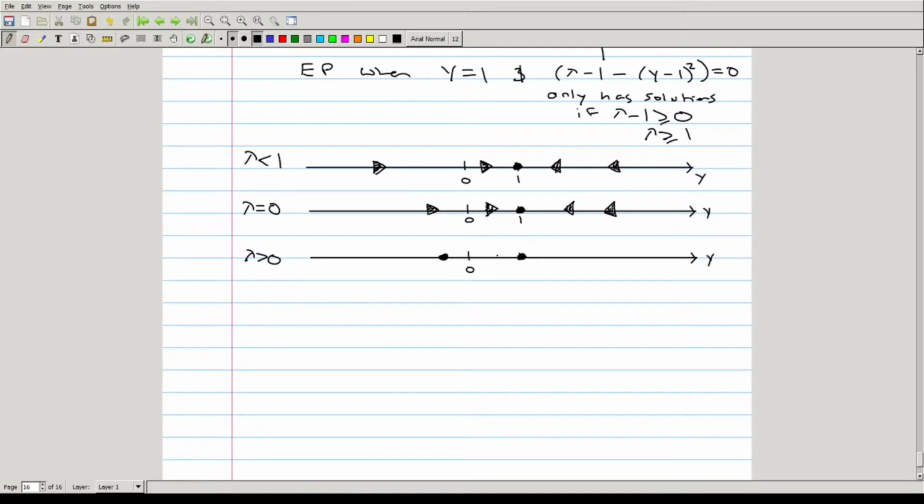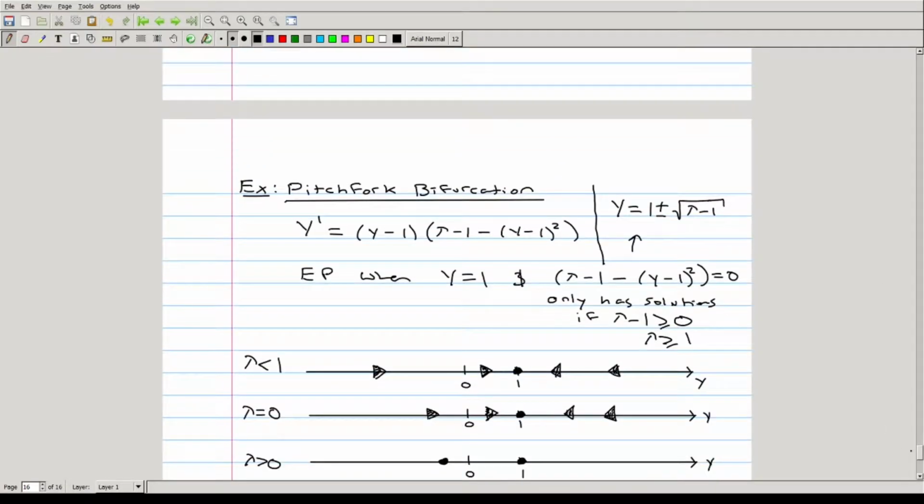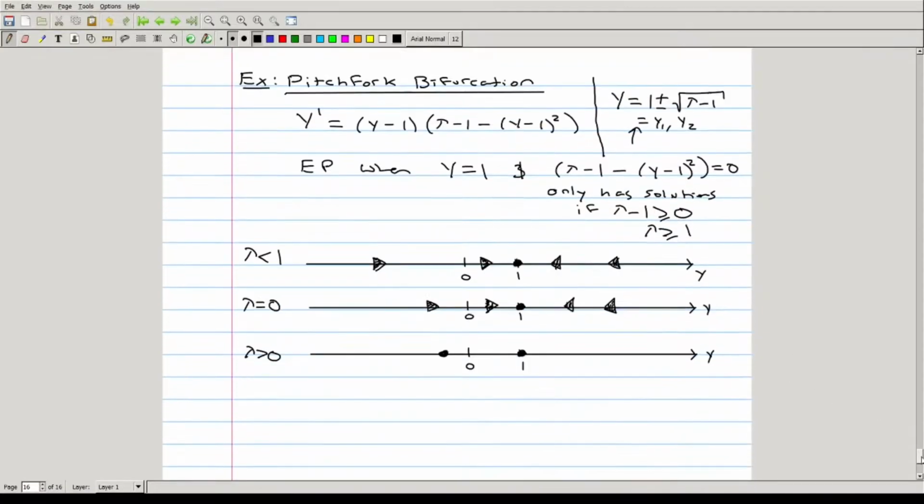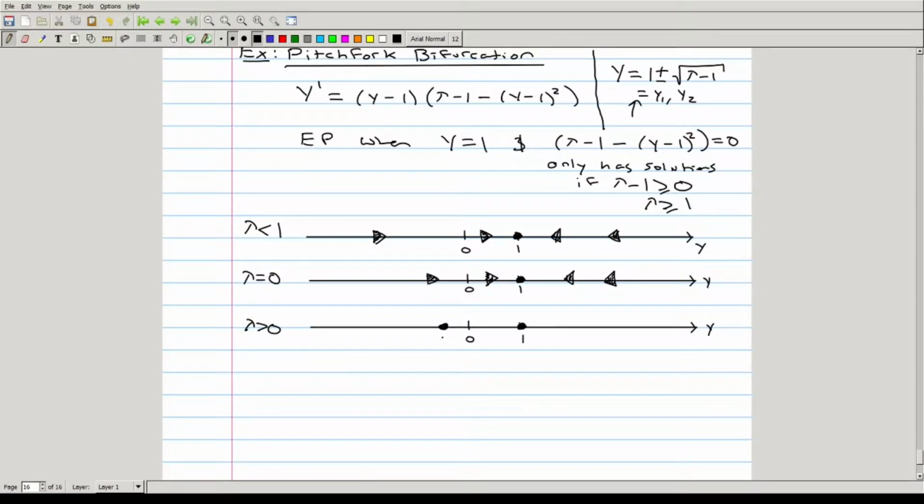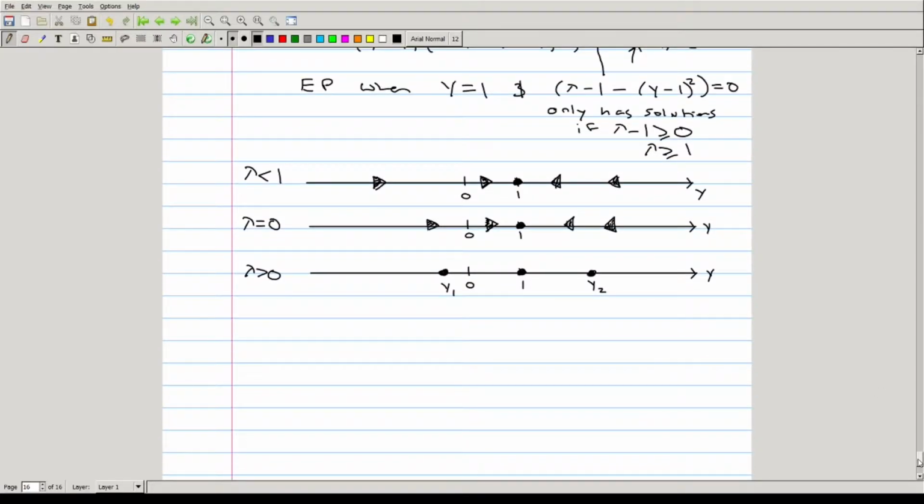One critical value at 1, and I'll call these two roots y1 and y2, the negative root being y1 and the positive one being y2.